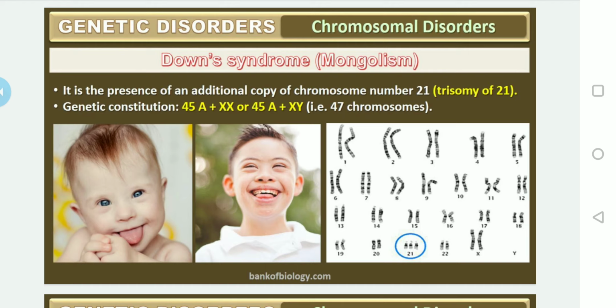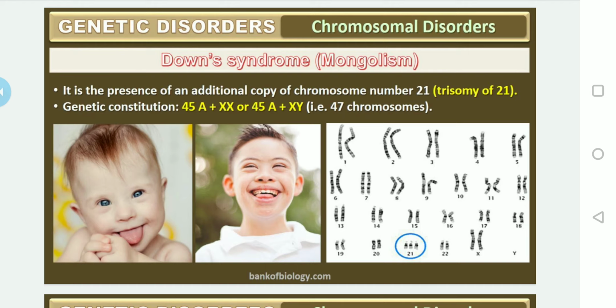So the genetic constitution in males and females is the same; the autosome number is increased and the remaining chromosome number remains as it is. That's why Down syndrome can be identified in both males and females.